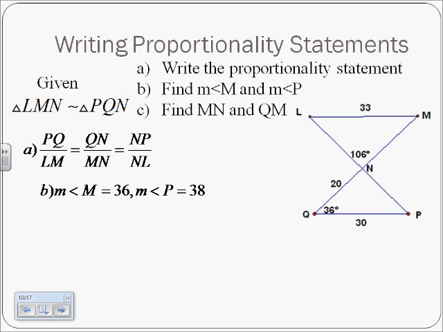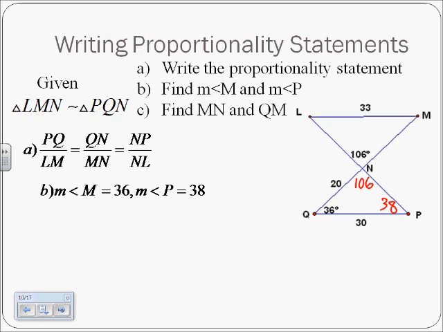It says the measure of angle M is 36, which means that the measure of angle M is 36 and the measure of angle P is 38. That was just by simply solving the bottom triangle here using triangle sum, 38, and then obviously denoting that M and Q are congruent as well.